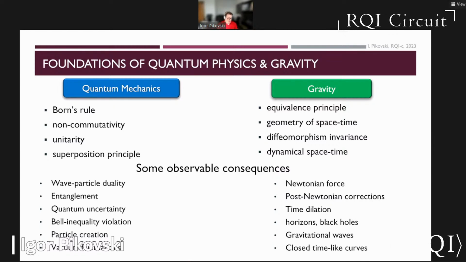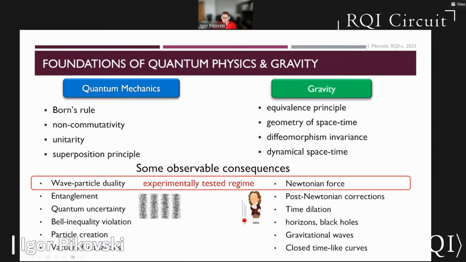And so, in some sense, the mindset that we often pursue is, well, when and where do some of these different concepts and phenomena intertwine? And can we shine light on this? And in fact, some of these have been experimentally tested already and have been seen. The most famous example is the interplay of the wave-particle duality, or interference of matter waves, in the presence of a Newtonian force.